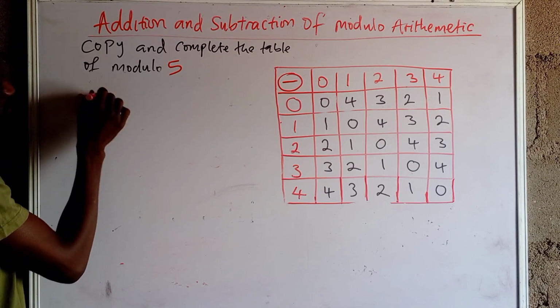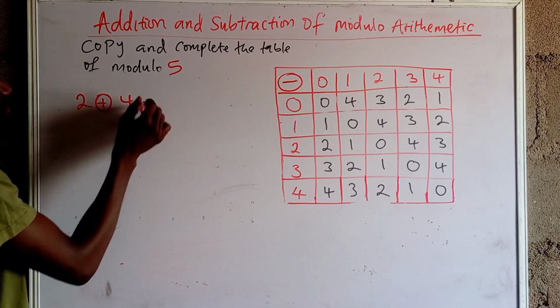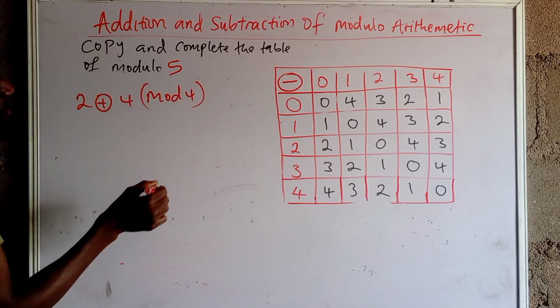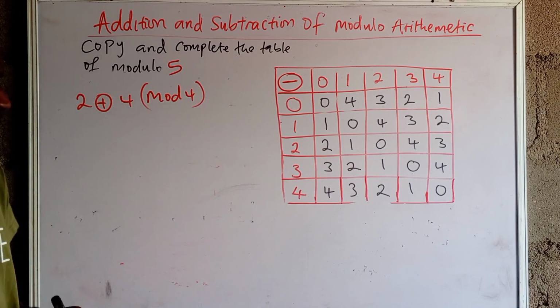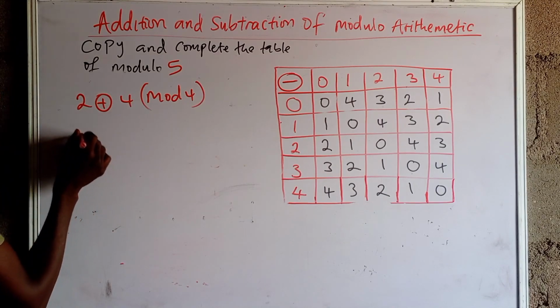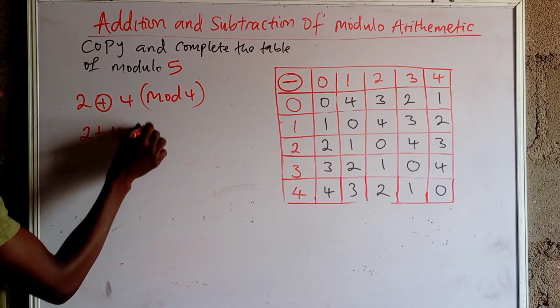That is, if you have 2 plus 4 in mod 4, when you are asked to solve this problem, you can add these two numbers. 2 plus 4 is equal to 6.